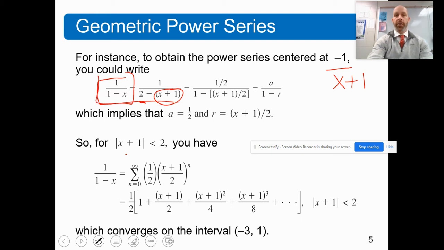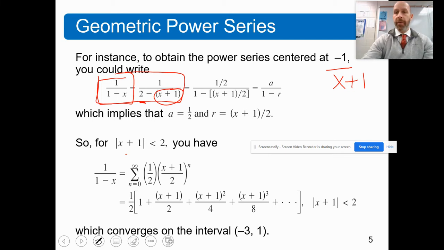These two fractions are equivalent. On the bottom, I have essentially added 1 to the x, so I have to add 1 to that 1, making 2. In fact, if you simplify it, you'll see 2 minus the quantity x plus 1 is 1 minus x. You can check that.